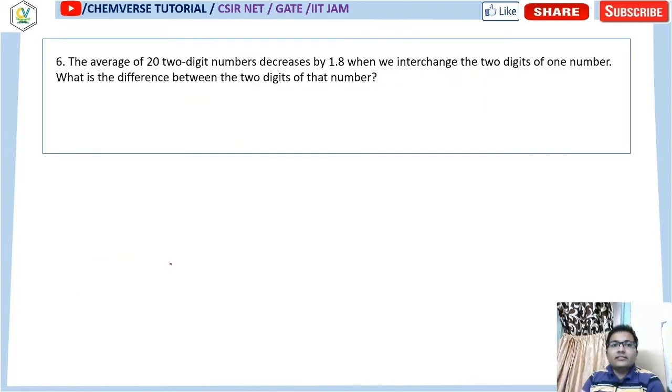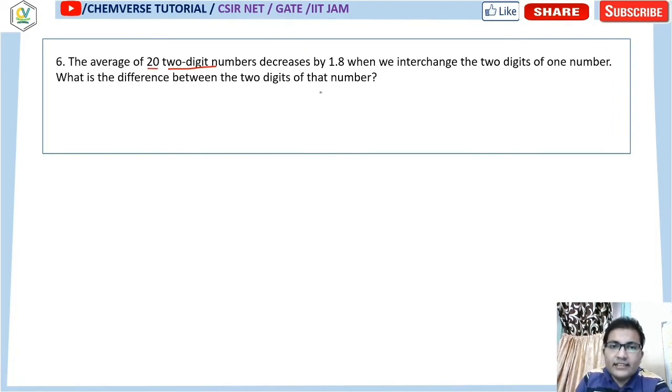Now moving on to our next question, and it's a very beautiful question, because a very minor calculation can give you the correct answer. So here it says that the average of 20 two-digit numbers, two-digit number means from 10 to 99. So you can take 20 two-digit numbers, and they have some average.